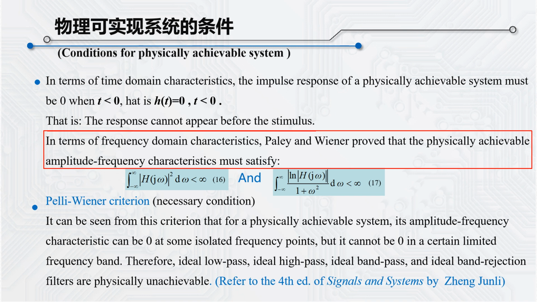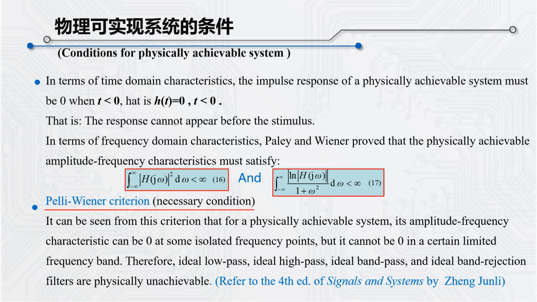In terms of frequency domain characteristic, Paley and Wiener proved that the physically achievable amplitude frequency characteristic must satisfy Formula 16 and Formula 17, which is called Paley-Wiener criterion. This is a necessary condition for the physically achievable system.